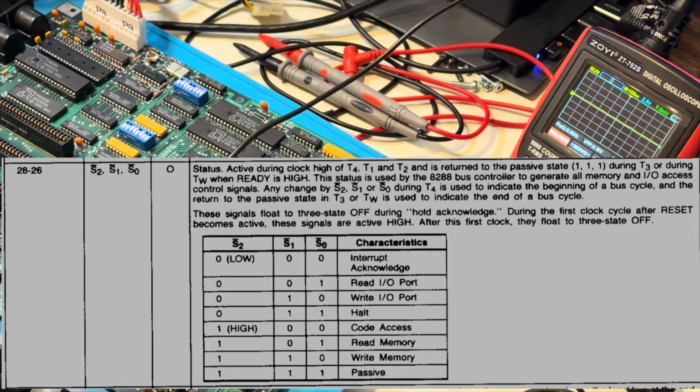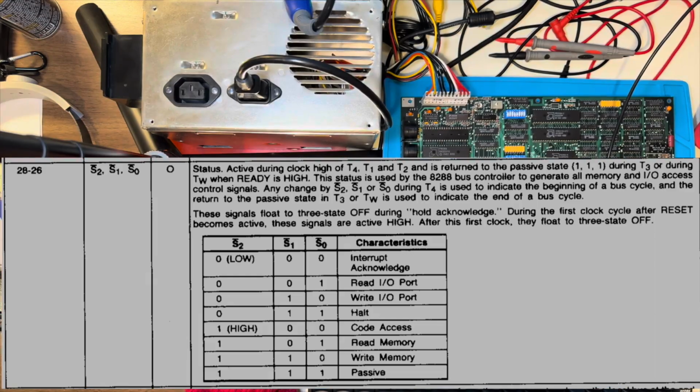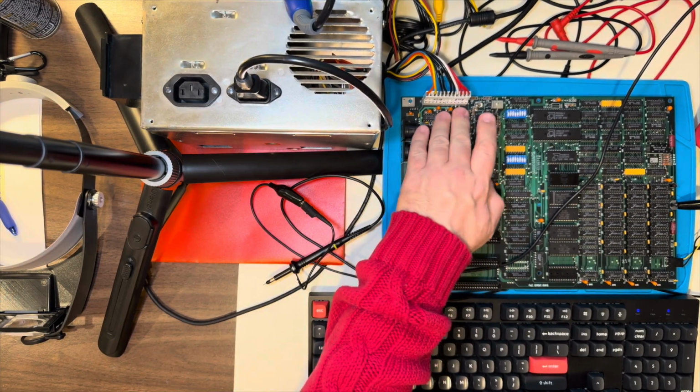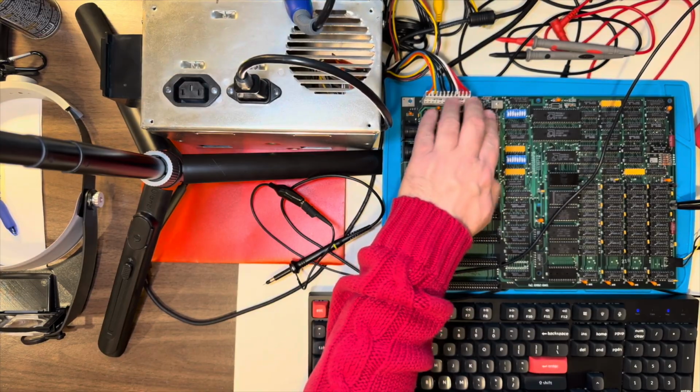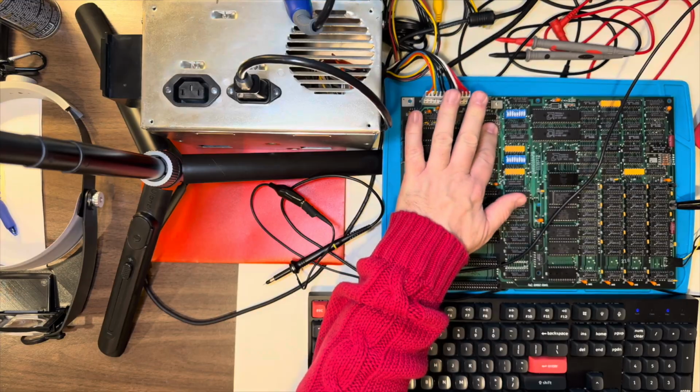So pins 26, 27, and 28, which are the S2, S1, and S0 codes. Based on the table here, all three are active high, which means the CPU is passive. So I think that's conclusive, and the CPU is getting really hot. Same for the bus driver. The clock chip is getting warm.